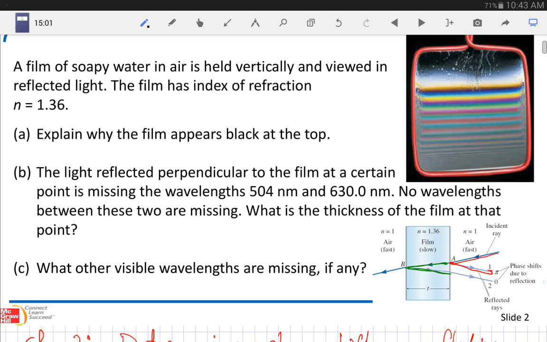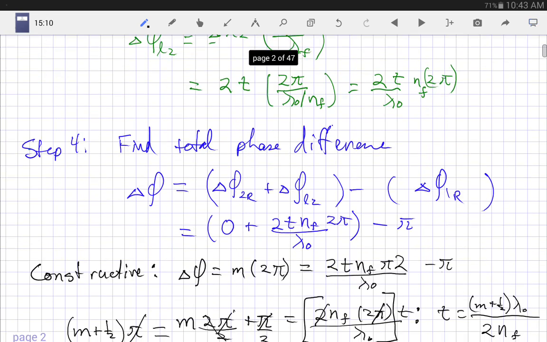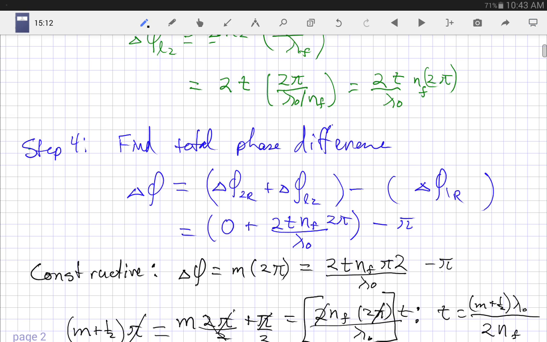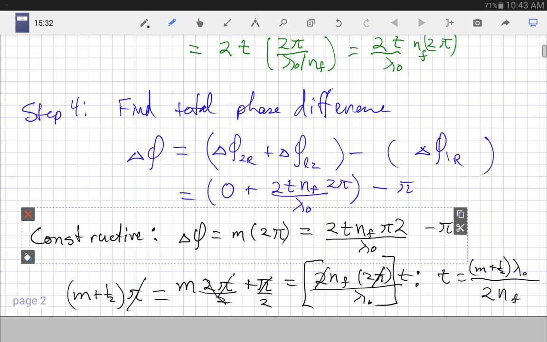M is an integer, any integer, because it can be out of phase by 0 or 2 pi or 4 pi, etc. So this here was the condition for constructive interference. I was actually asked to find destructive. So for destructive interference, I'm going to take my same overall relationship that I did here, except change the word constructive to destructive. And this will work for now.